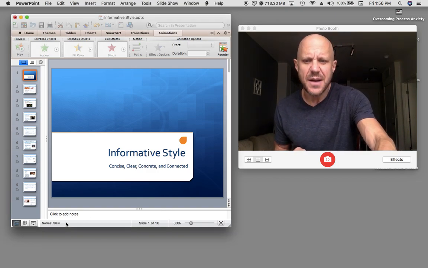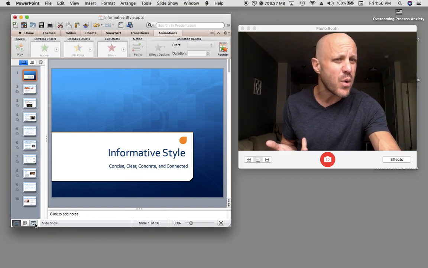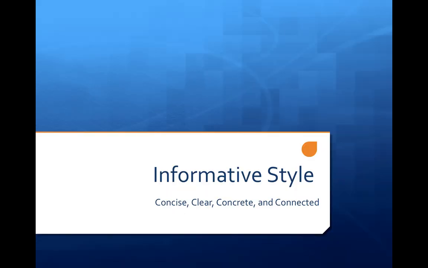So in this lecture, I'm going to define what I mean by an informative style and give you lots of examples to consider. To me, an informative style is one that is concise, clear, concrete, and connected.